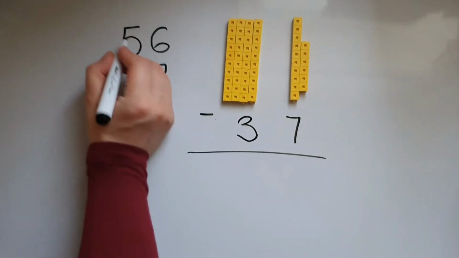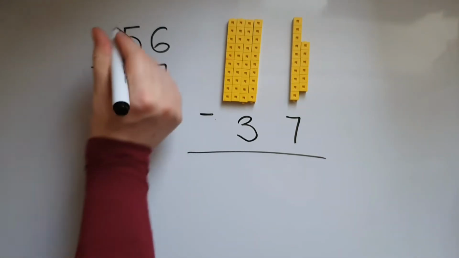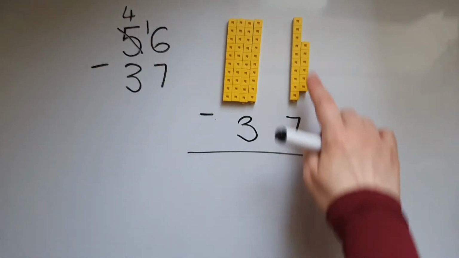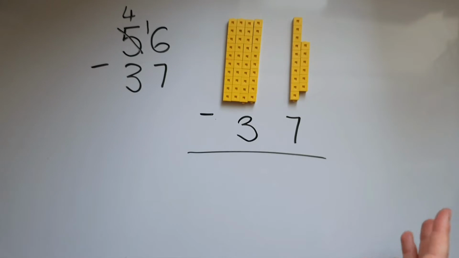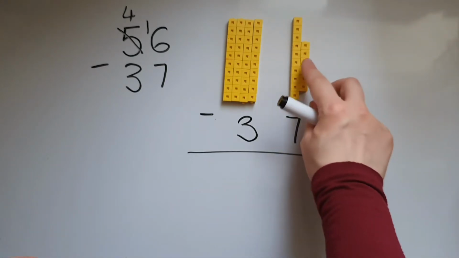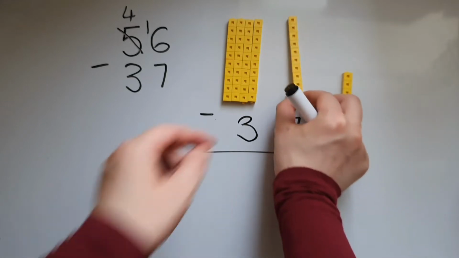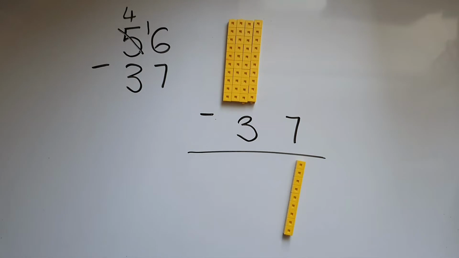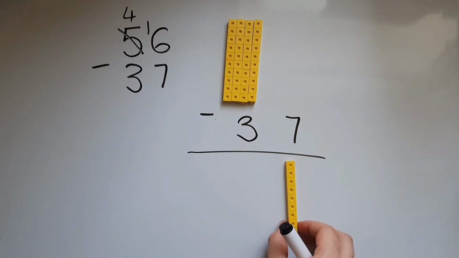Which, if you look at this, that means borrowing 1 from that, which becomes a 4, and this becomes 16. As you can see, 10 and the 6 makes 16. So if I take away 7 now, so I've got 6 already here, take away another one, what am I left with? I'm left with 9.